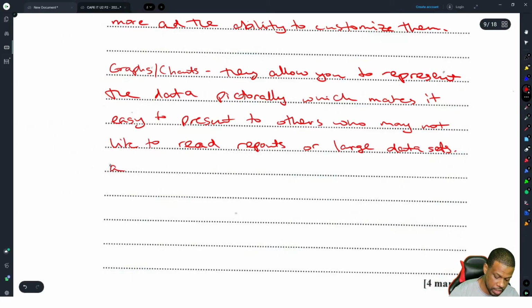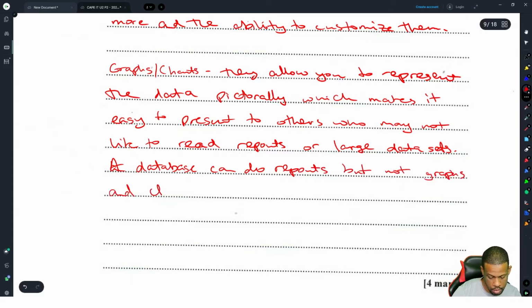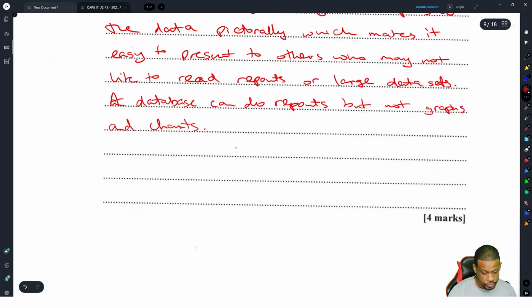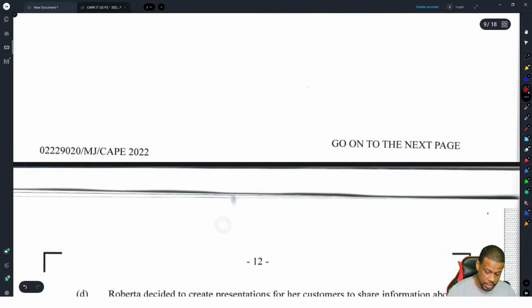A database can do reports, but not graphs. And of course, when we talk about database, we're talking about Microsoft Access, because that's basically what CXE sees as a database. So let's keep that in mind. We worked for 4 marks there. Well done. Thanks, appreciate it.